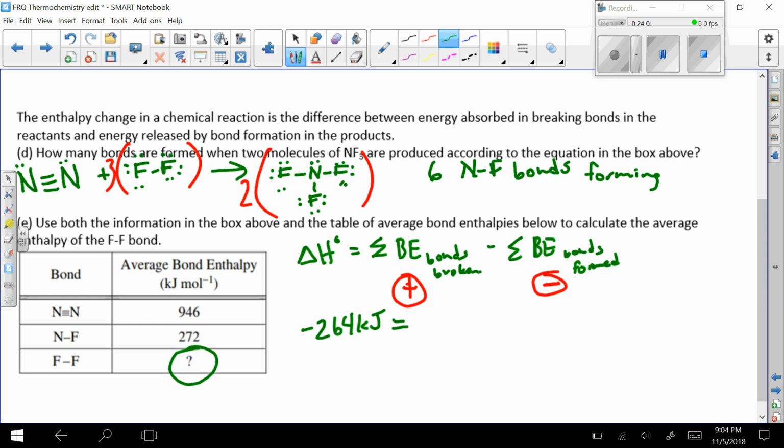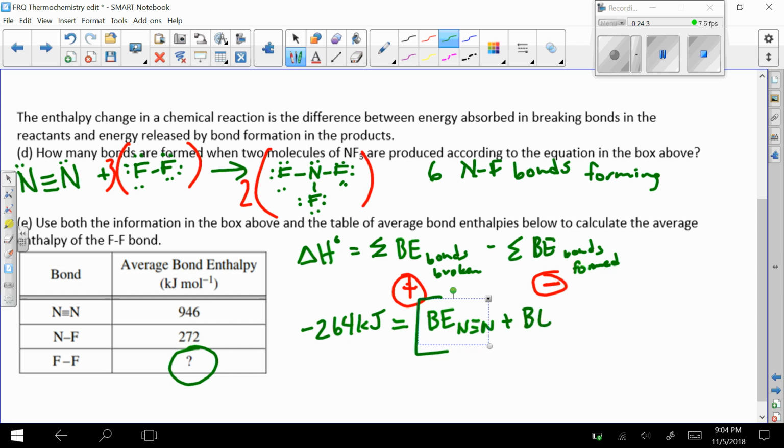So let's look at all the different bonds that are broken and formed. In the reactants is where we're breaking the bonds. We have 1 bond broken, the nitrogen triple bond, so we'll put that in brackets.